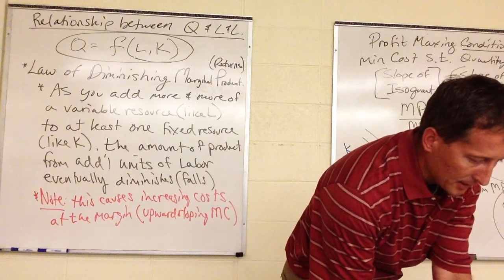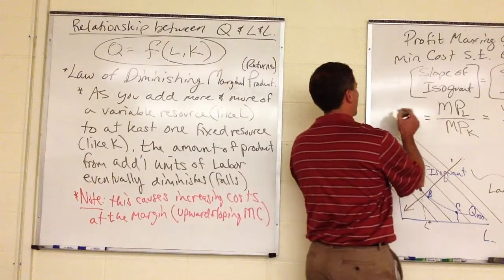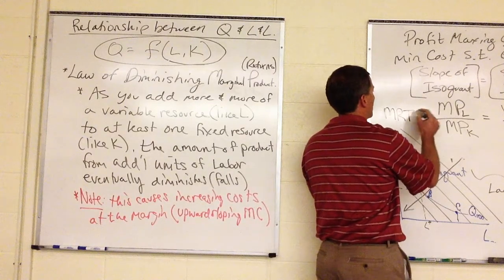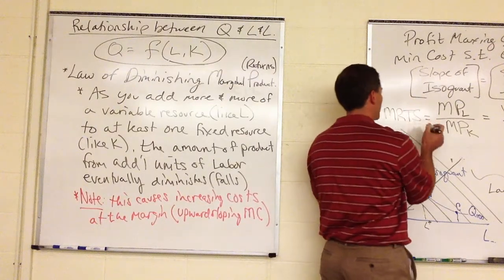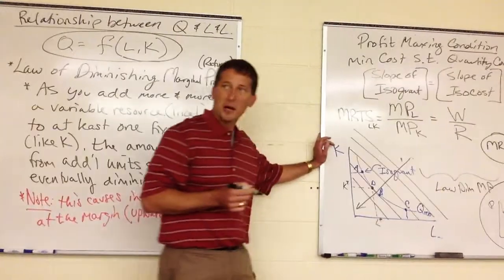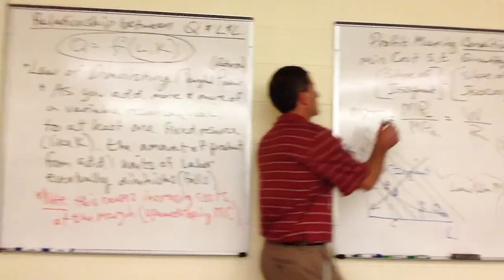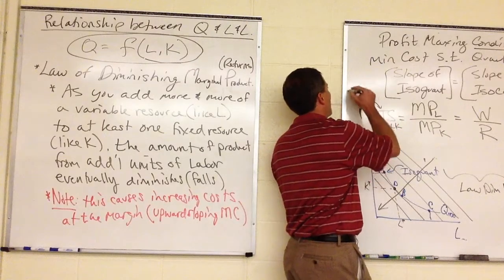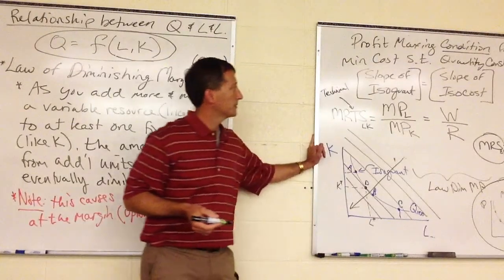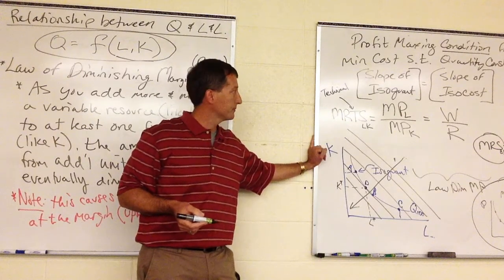And that gives us what we call the marginal rate of technical substitution of labor for capital. The MRTS instead of the MRS. That comes from our production function.